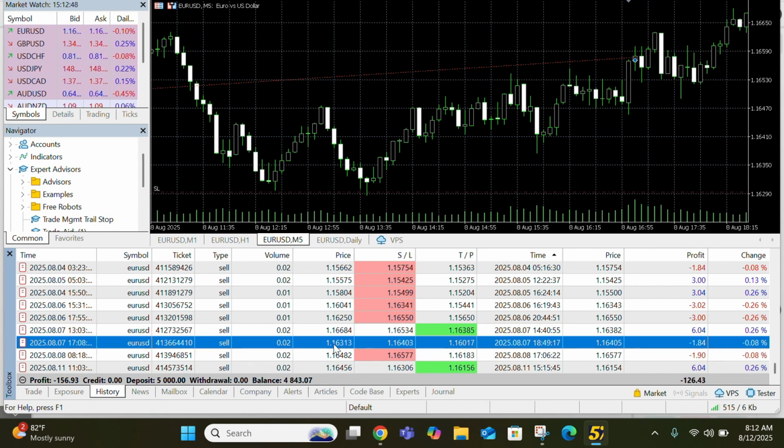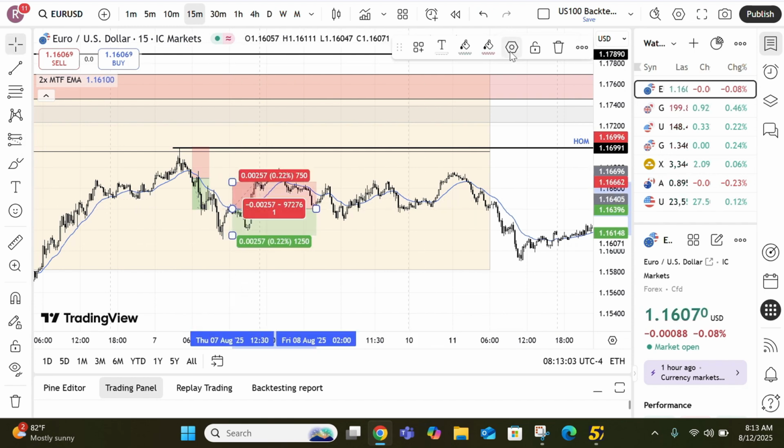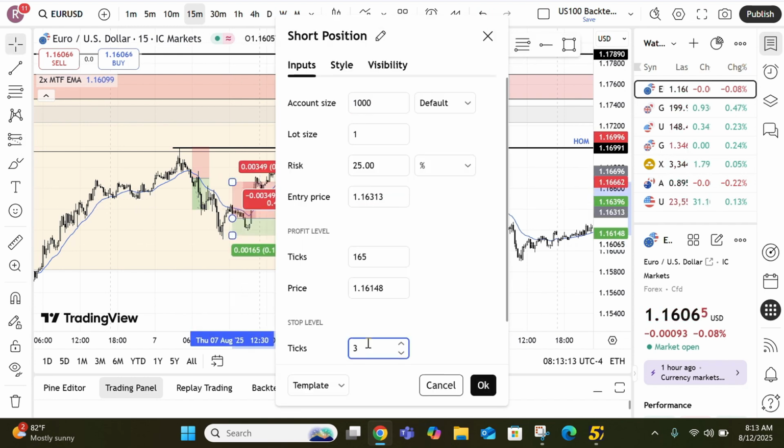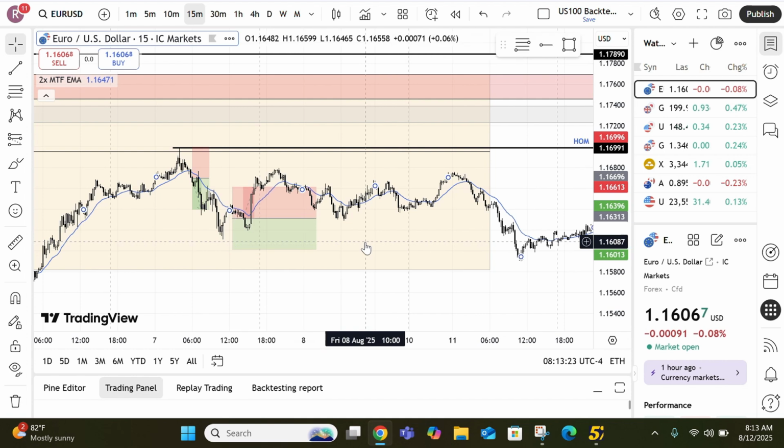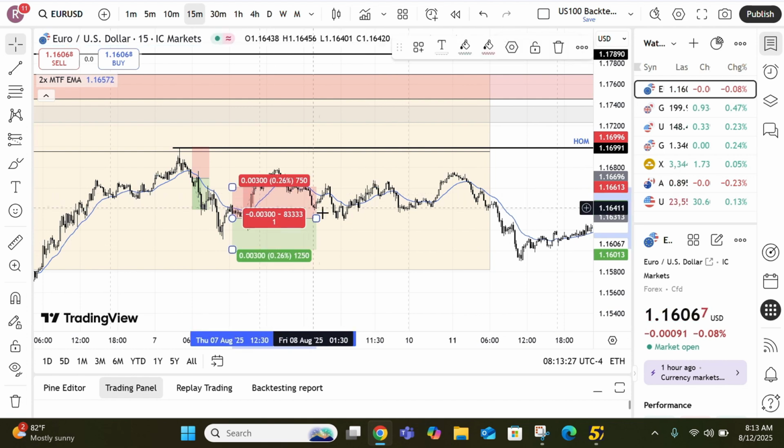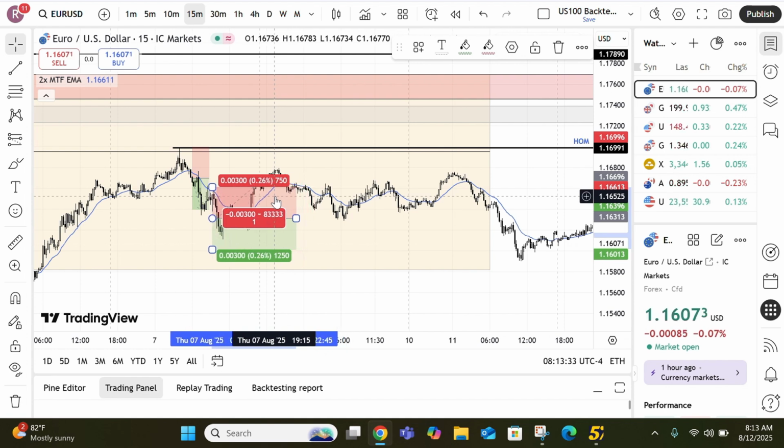This one was on the 7th as well, and it was 1.16313. Okay, and this one was a loss. However, I believe it was around here.